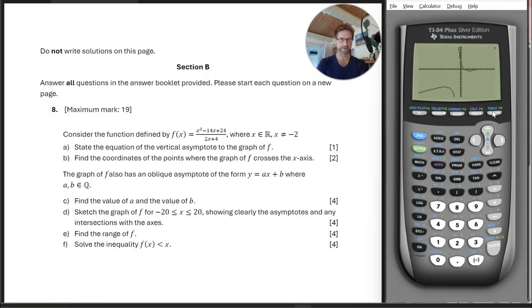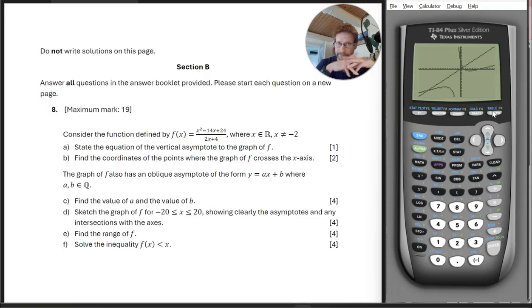Doesn't change a lot. But now we can clearly see that the values we want are the values of x where f of x is smaller than x.